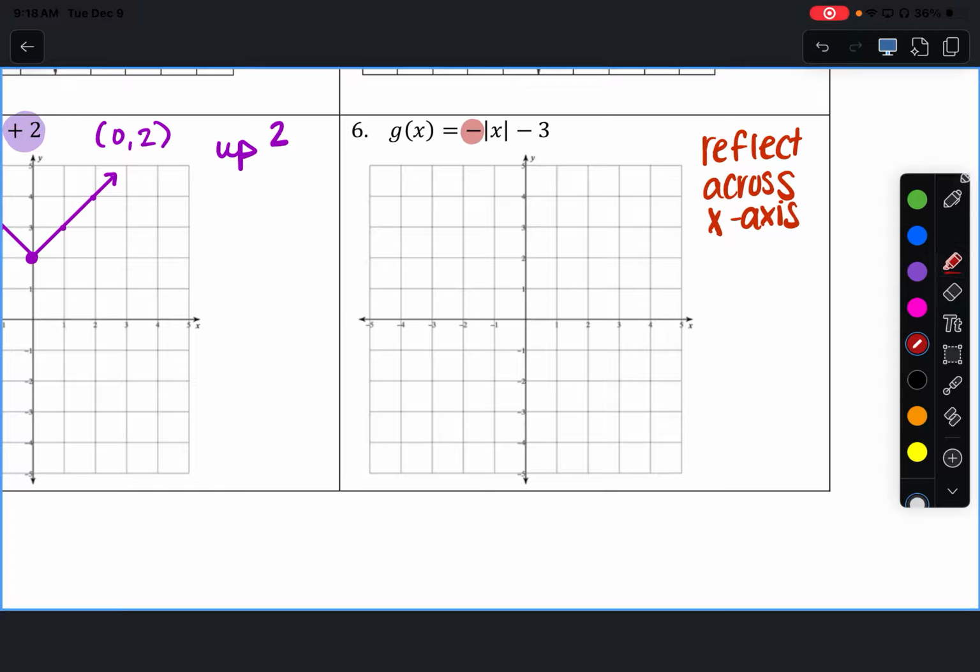Down 3. Okay. So what is our vertex? 0, -3. Okay, then our slope has a negative, so that's understood to be -1, so it's down 1 over 1. So our graph should look like this.